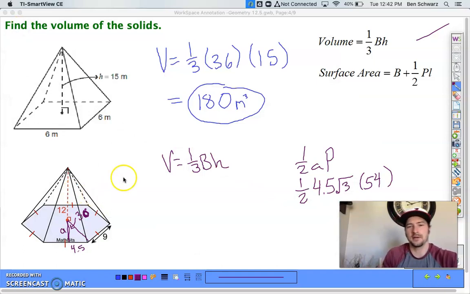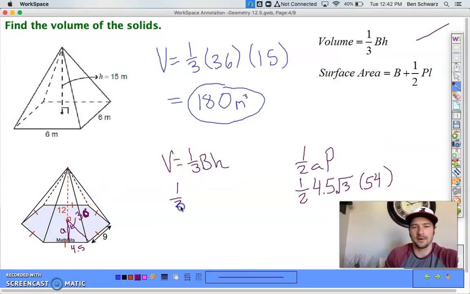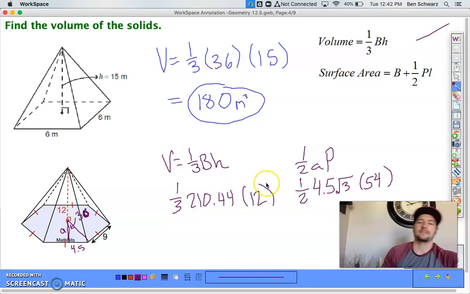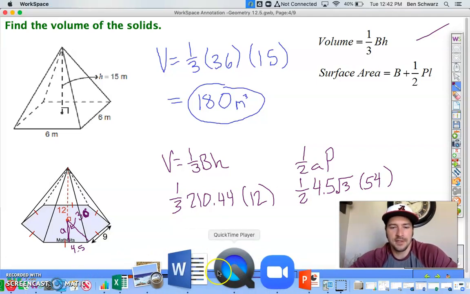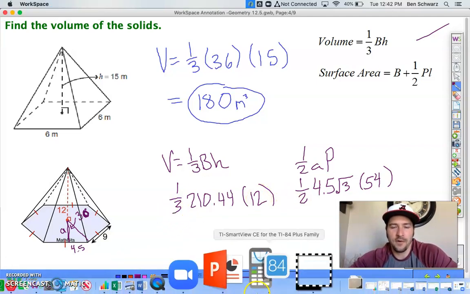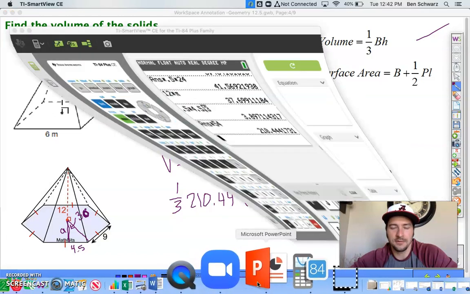So we go back to here, so 1/3 times 210.44 times our height, which is 12. So times 1/3 times 12. Since 1/3 times 12 is 4, I'm just going to multiply by 4.